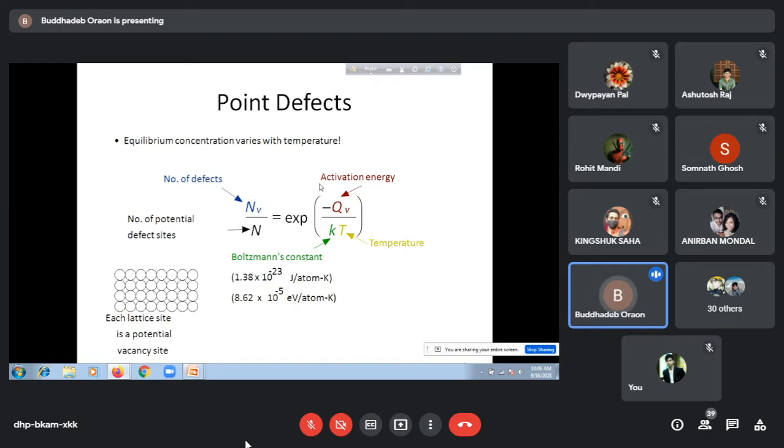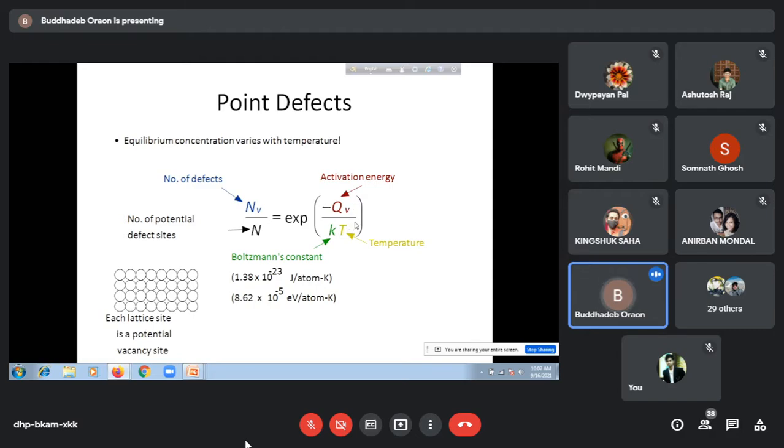Now, the Arrhenius equation is applicable in some processes known as thermally activated processes. That means the rate of the process. Let us take the left hand side, Nv divided by capital N, as the rate of the process, equal to some constant times this quantity, e to the power minus this.